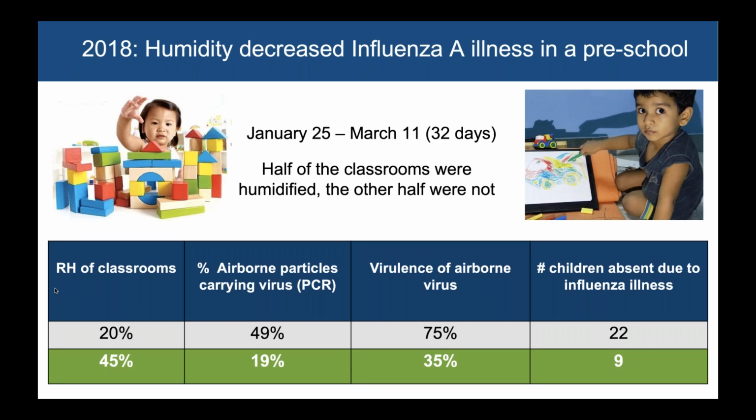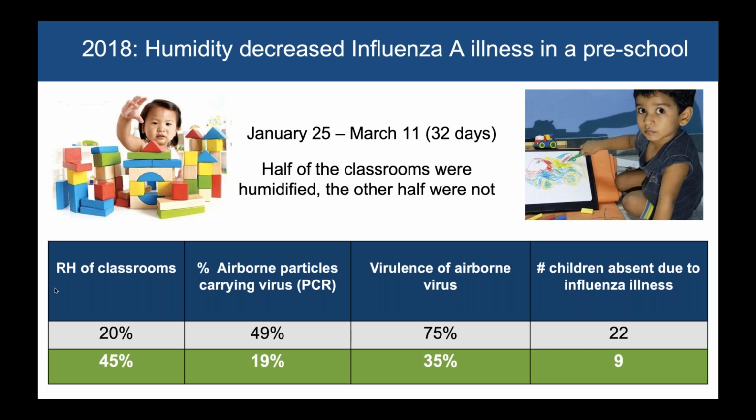This study is in a preschool area in northern Minnesota, so probably not too far from the Odell headquarters. I'm not sure about the geography, but anyway, this study was done by the Mayo Clinic. They took a school in the wintertime. They humidified half of it to 45% and let the other half do what a building does in the winter.